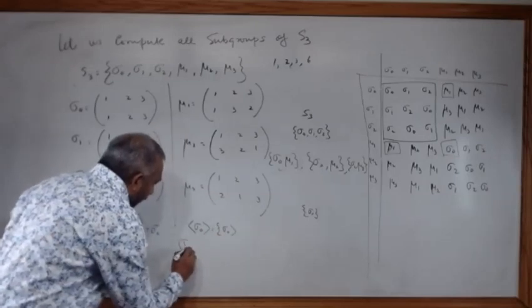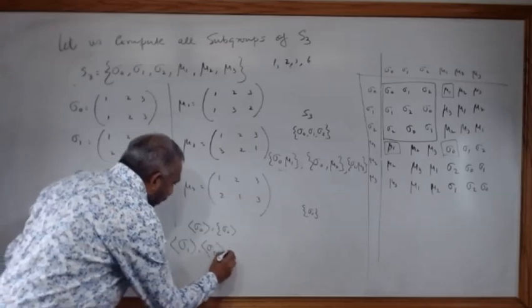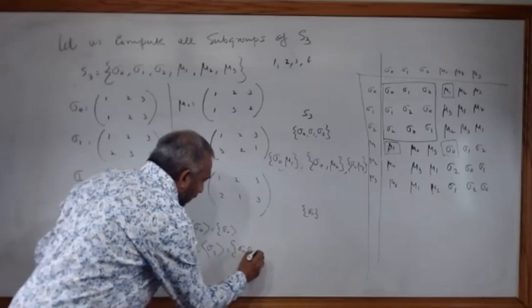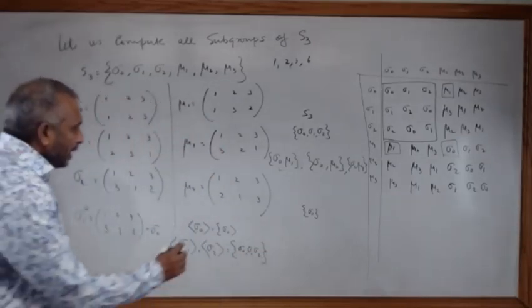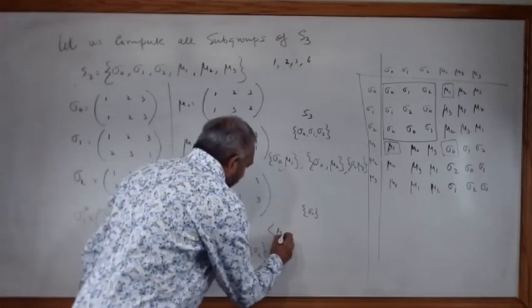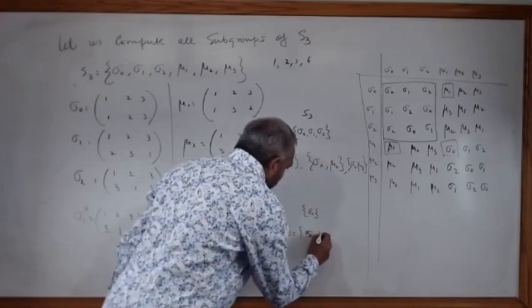The subgroup generated by sigma 1 and sigma 2 is going to be sigma 0, sigma 1, sigma 2. And the subgroup generated by mu 1 is going to be sigma 0 and mu 1.